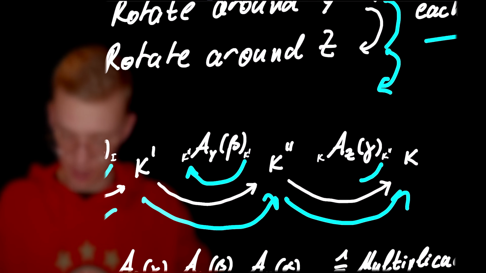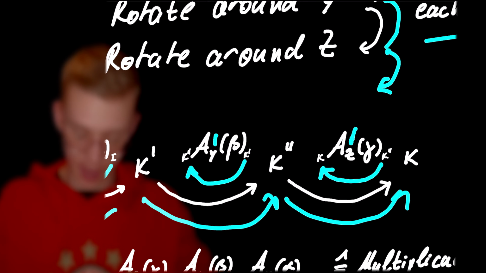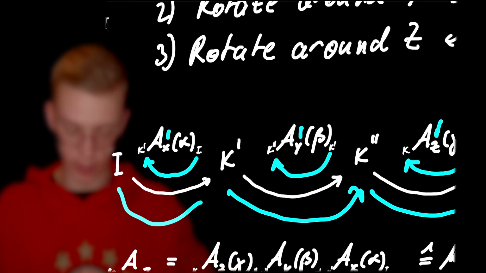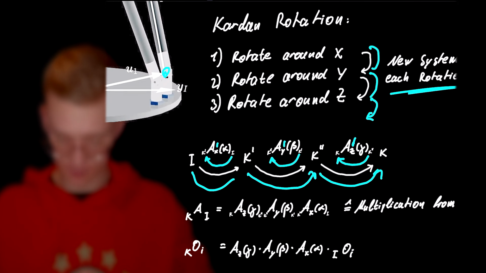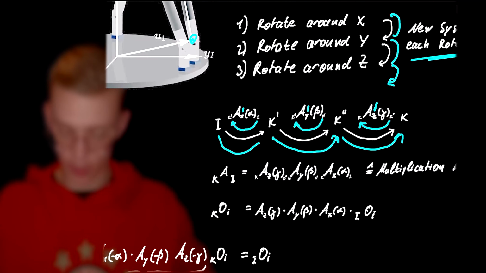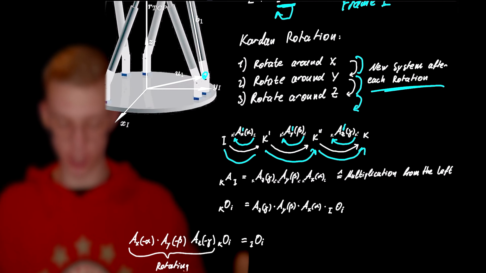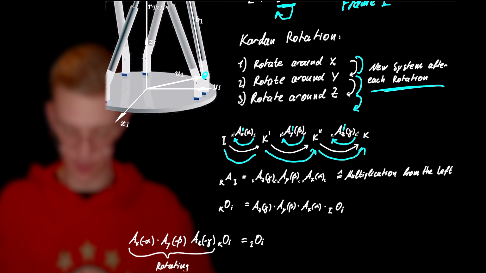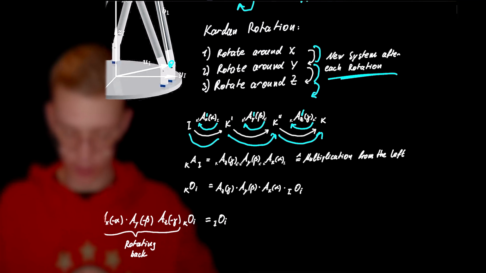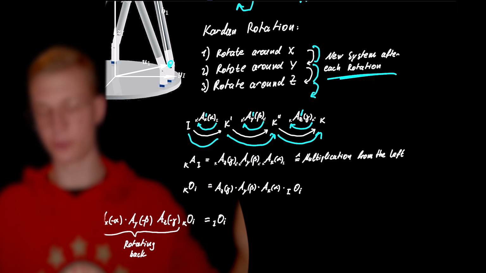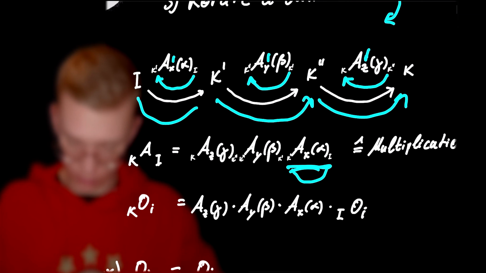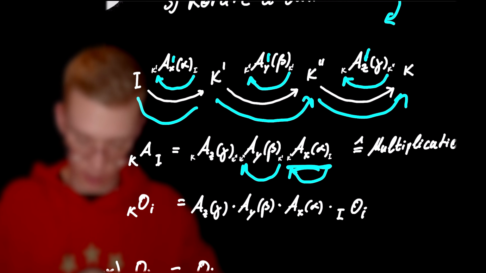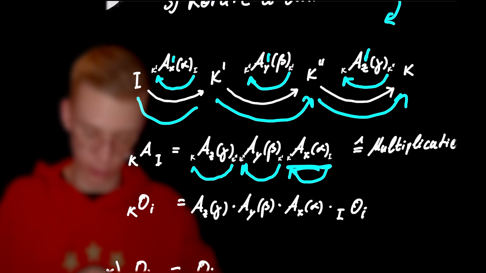And here we go from K double dash to K. This one is just the angle, the axis around which we're turning, just to have a visual reminder that we're turning around X, Y, and Z. And now we want the overall transformation matrix if we want to go from I to K. So the transformation matrices are always multiplied from the left side. So that's why we first have this one. We go from I to K dash, then we go from K dash to K double dash, and we go from K double dash to K.